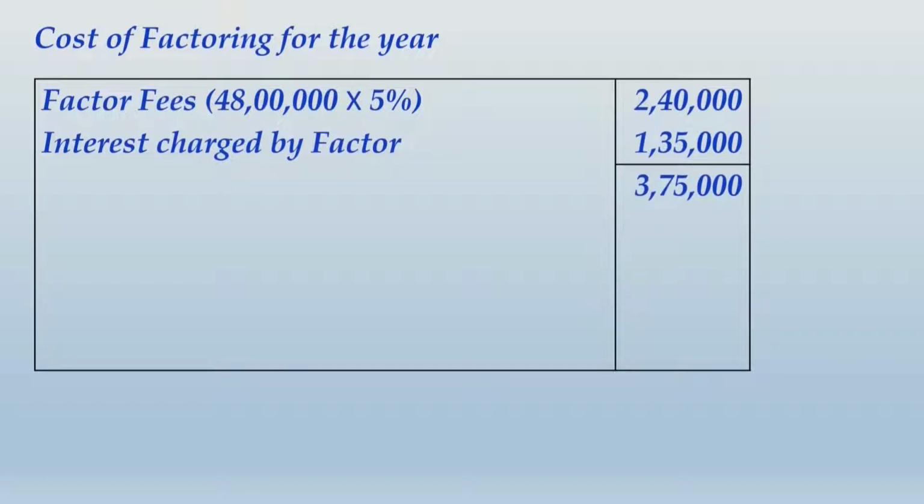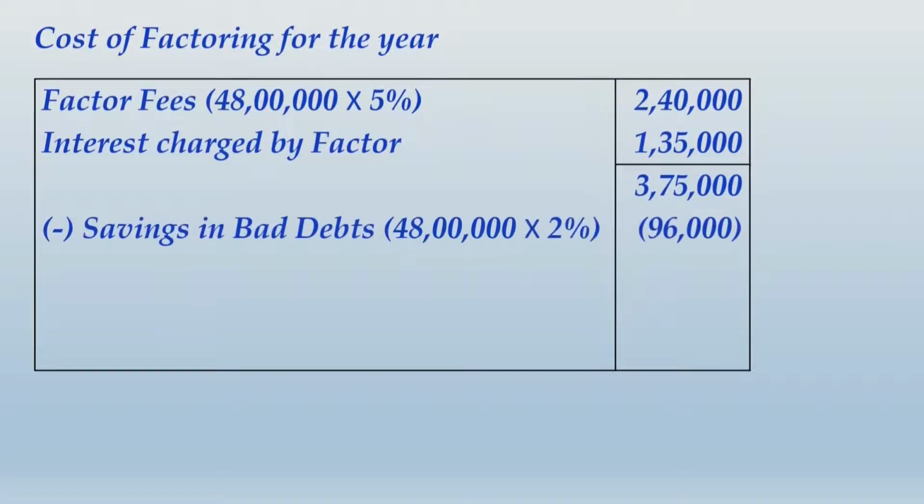So this will be the total annual outflow, and whatever savings you have made, you just subtract those savings. So first saving is savings in bad debts, that will be 2% of 48 lakhs. Understand one thing, 2% of 48 lakhs, that is 96,000. This much bad debt is arising already.